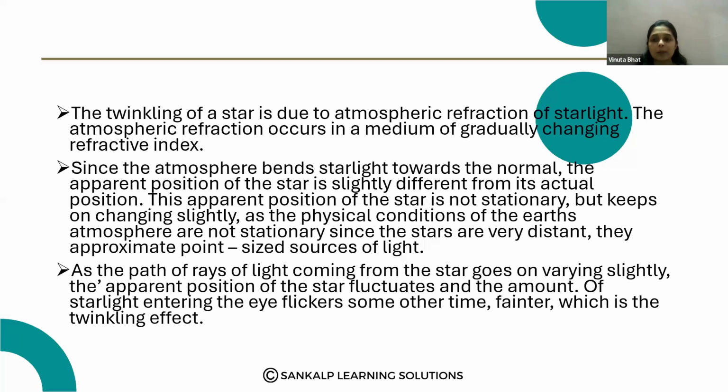So you have to reduce it for the 2 marks. The twinkling of star is due to the refraction of starlight in the atmosphere. The atmospheric refraction occurs in a medium of gradually changing refractive index.